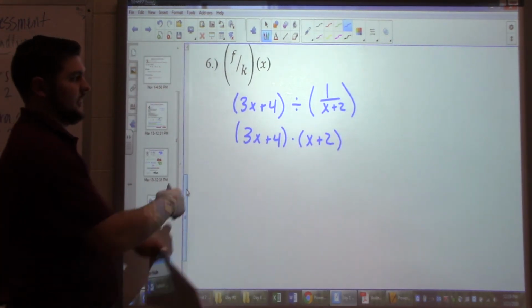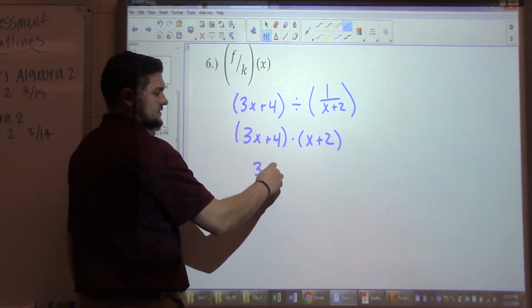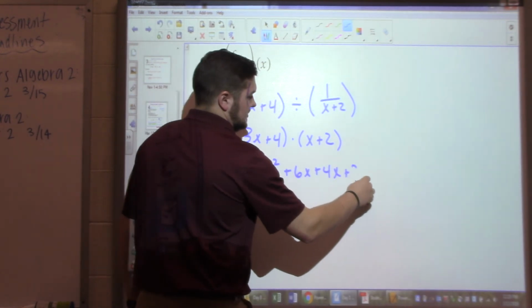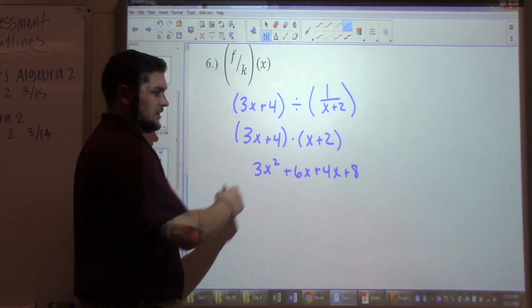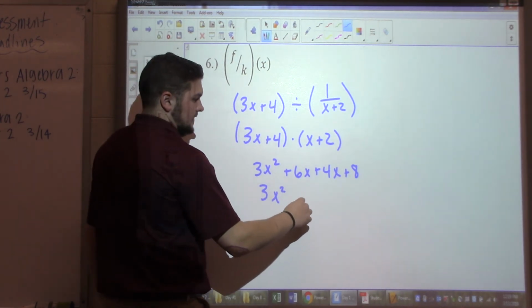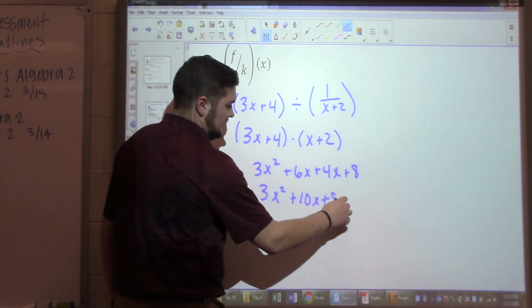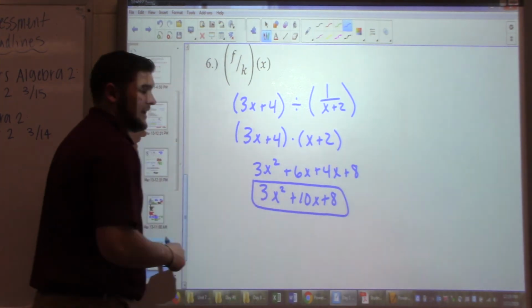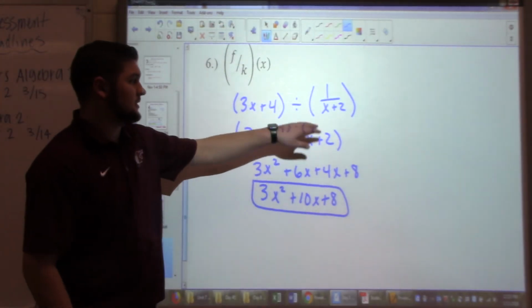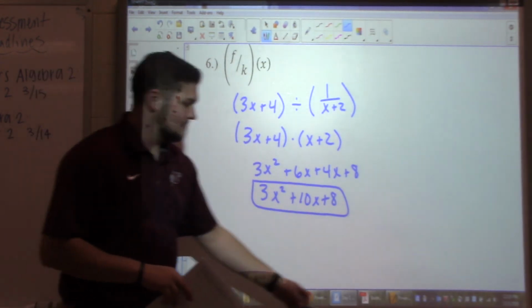Well, I'm going to FOIL that. 3x squared plus 6x plus 4x plus 8. All I do is FOIL. So 3x squared plus 10x plus 8. So that's my answer to my operation. I multiplied them by the reciprocal, because I divided by a fraction.